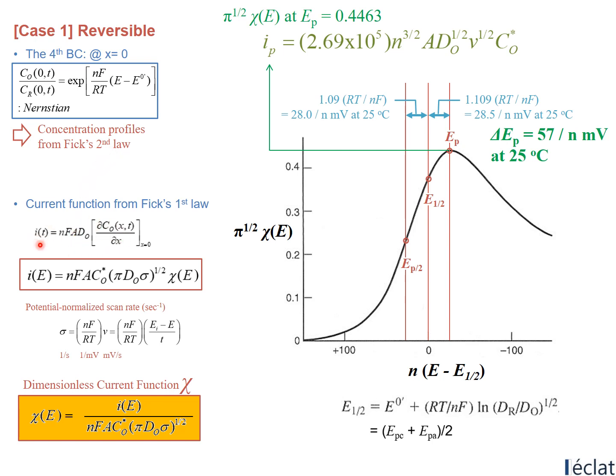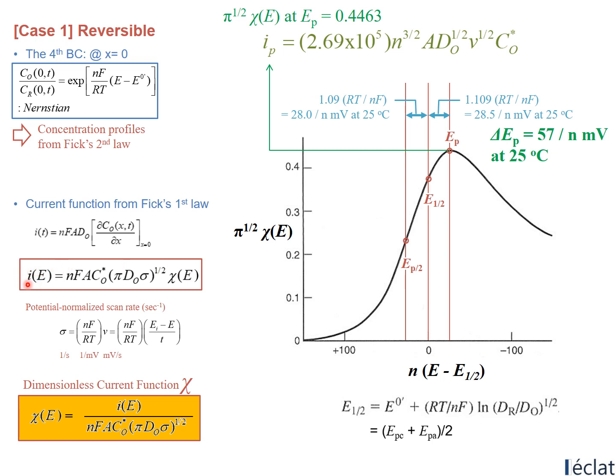Fick's first law says that the current is obtained from the first derivative of the concentration profile at x equal to 0. Right now we know the information about the concentration, so we could obtain the final solution, the current function. Here is the current function as the final solution.